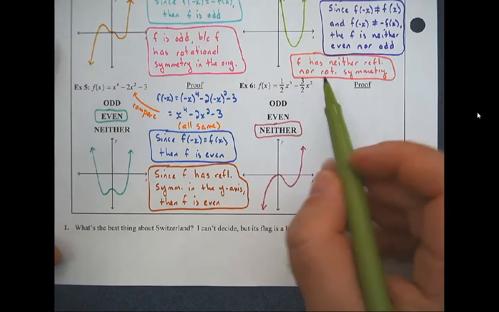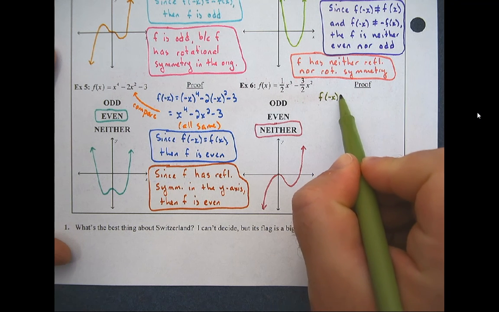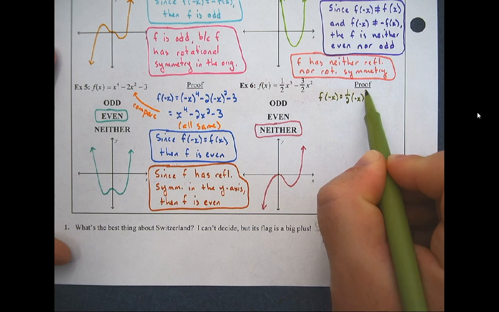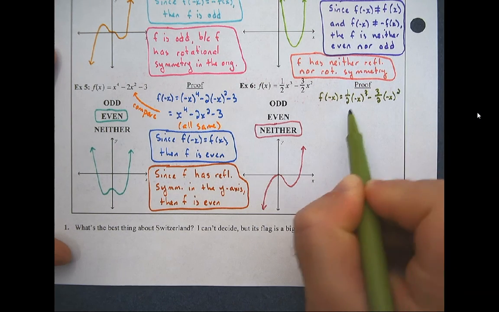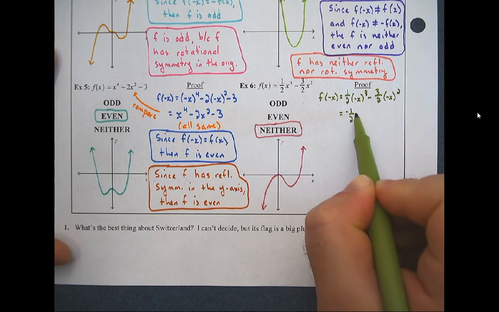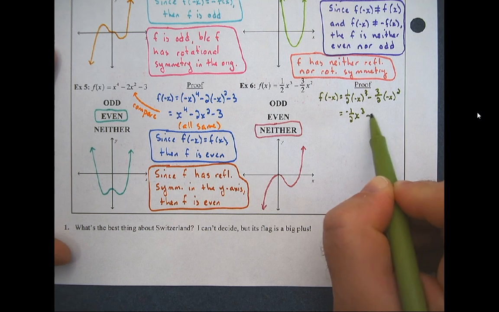So our first proof, I'm going to do it algebraically. Like I said, you don't have to do it both ways. F of negative x, so that would be 1/2 negative x cubed minus 3/2 negative x squared. A negative cubed is still negative, so that's negative 1/2 x cubed. A negative squared becomes a positive, so this will stay as a negative.